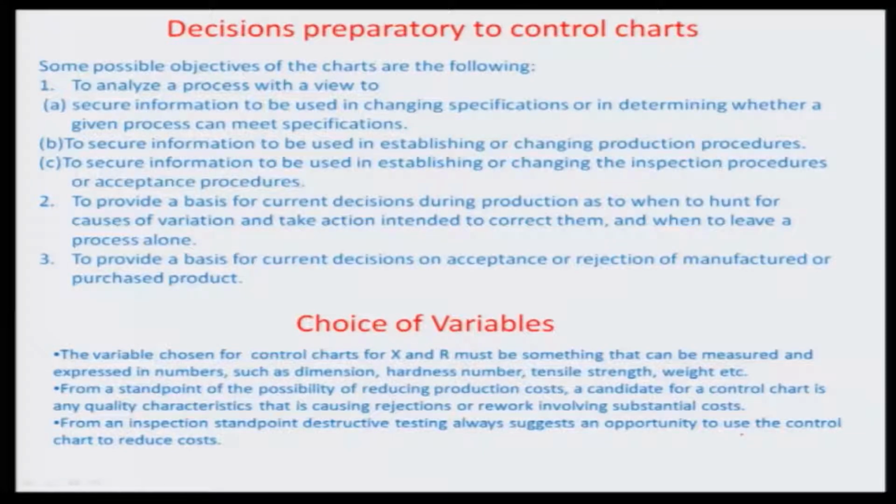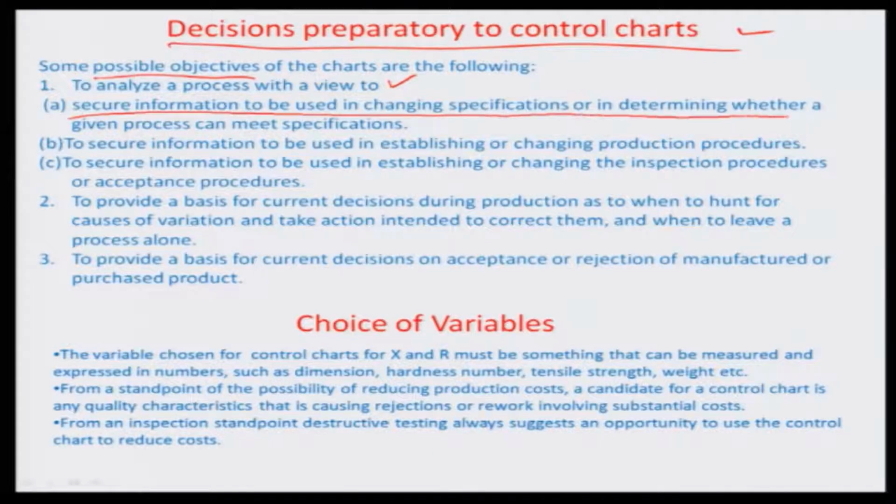Now let us look at decisions preparatory to the control charts. You will have to have some possible objectives laid out. First of all, you have to analyze a process with a view to secure information which is to be used in changing specifications or in determining whether a given process can meet the specifications or not.